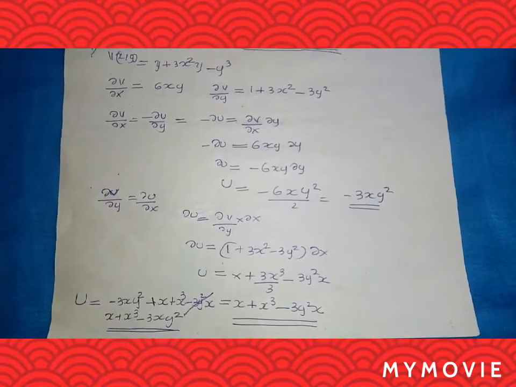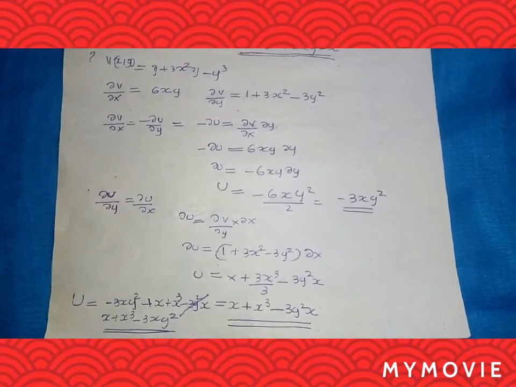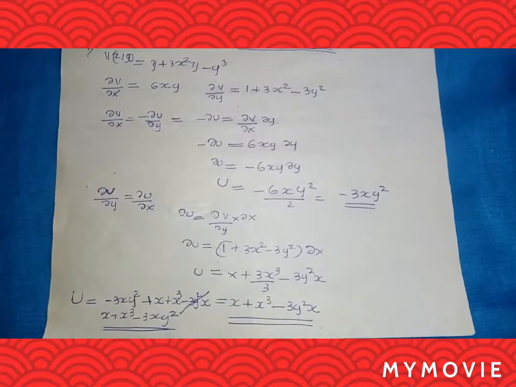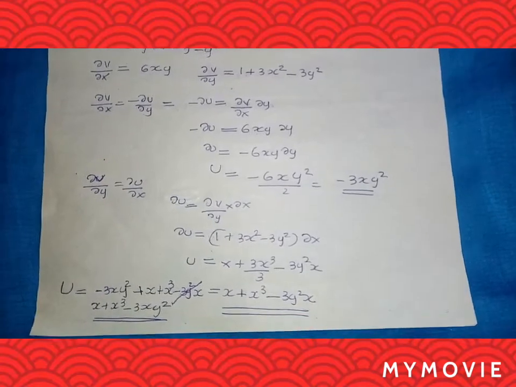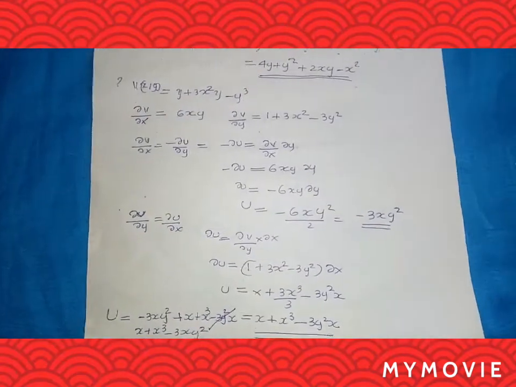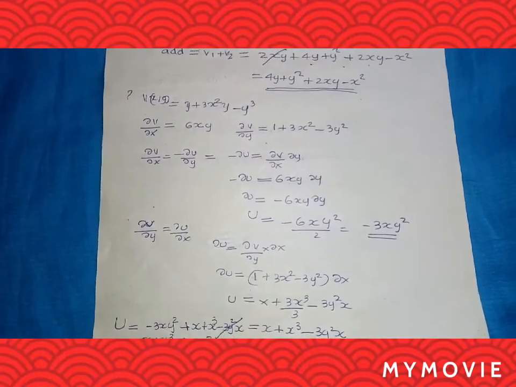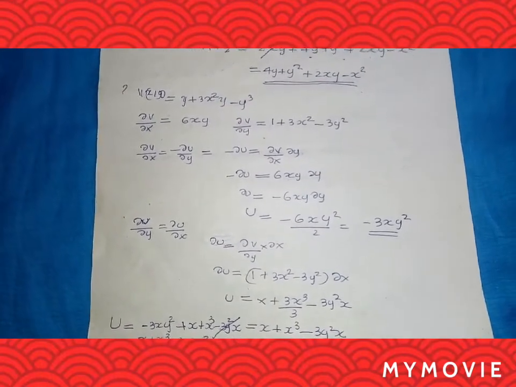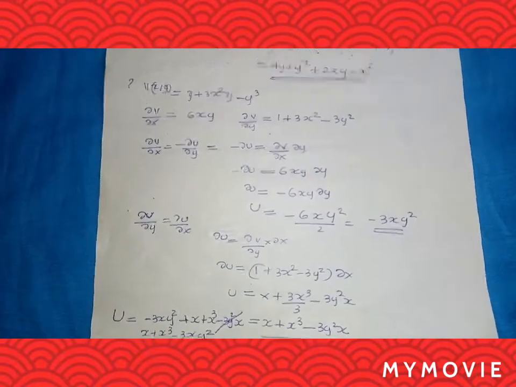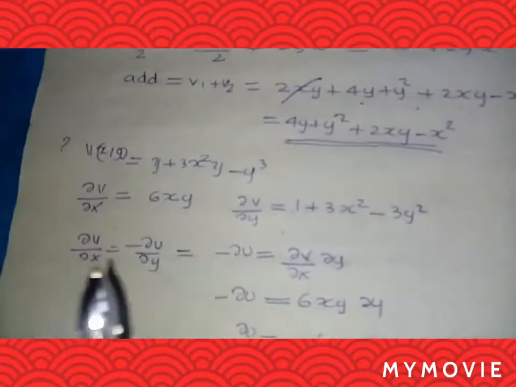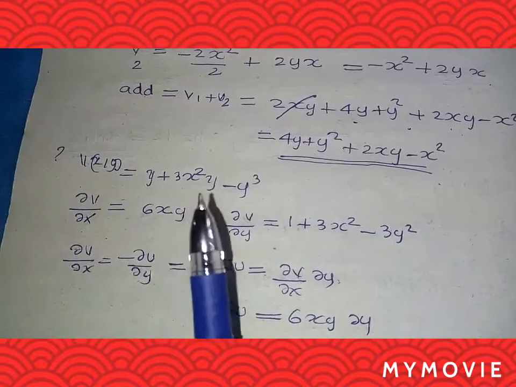Similarly, we can find the real part from the imaginary part using this type of procedure. Check with the Cauchy-Riemann conditions, find the real parts, add these real parts, and then check whether there is a repeated term and cancel it. So the question is, the imaginary term v of x comma y is y plus 3x square y minus y cube.